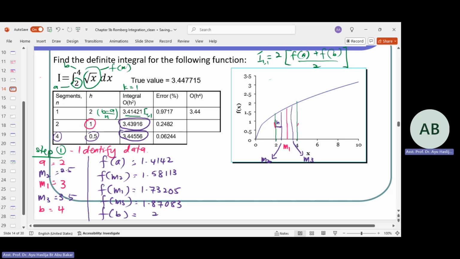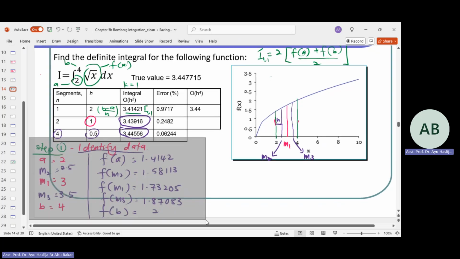Okay, so these are the data that you require to find the first level integration, OH2. I bring this value to the next slide.